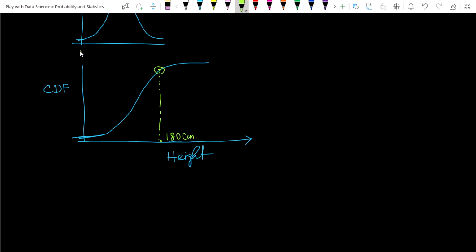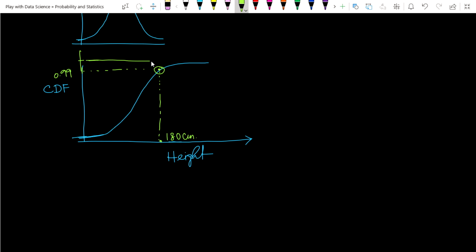Now at 180 centimeters, we can easily find this value. Suppose this value is 0.99, and we know its highest value is 1.